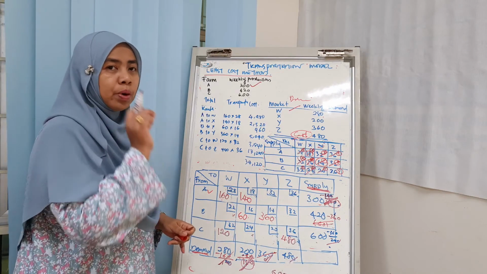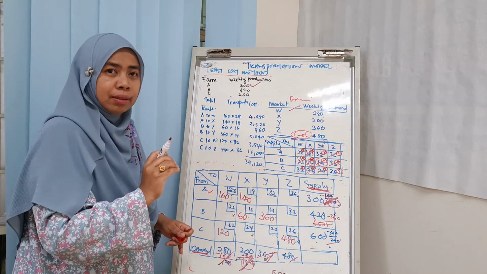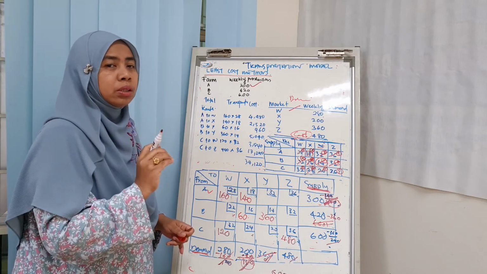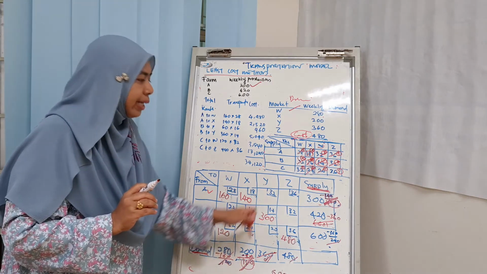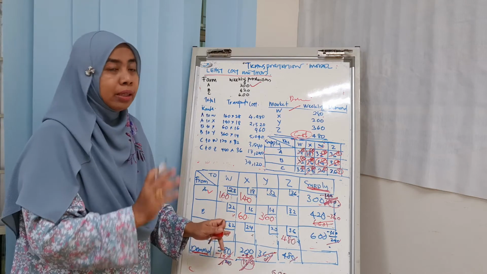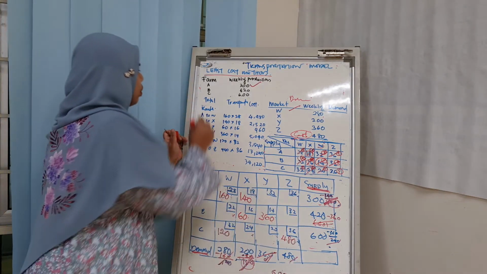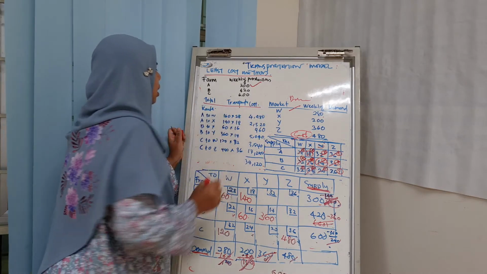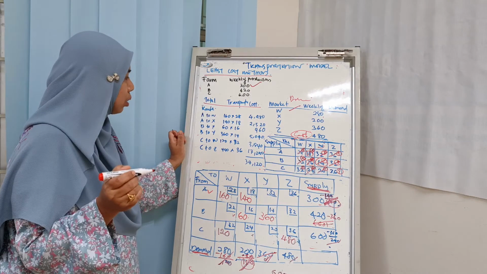The concept or the important point is put the lower cost first, but we have to check whether supply and demand cannot go over the supply or demand, either one, right? So after finishing this step, then you have to calculate the total transportation cost.